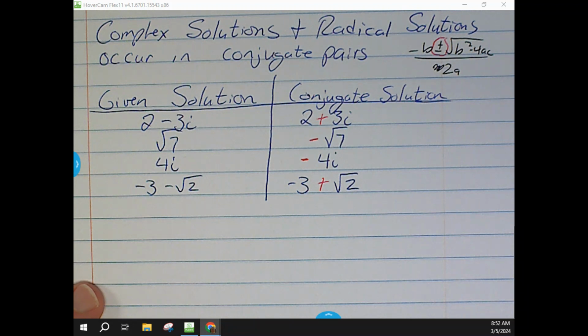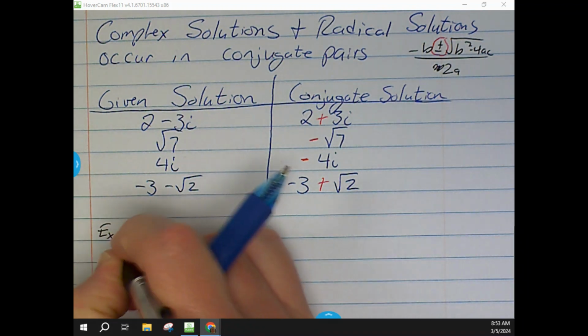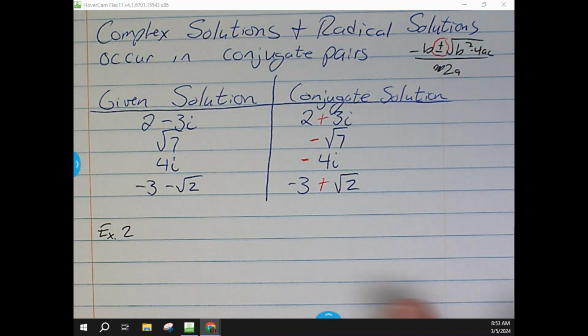Okay, so that's one thing that for the next problem we look at, you've got to have in the back of your mind, that if they give you a solution, and it's imaginary or has a radical with it, there's actually two solutions that go with that one.